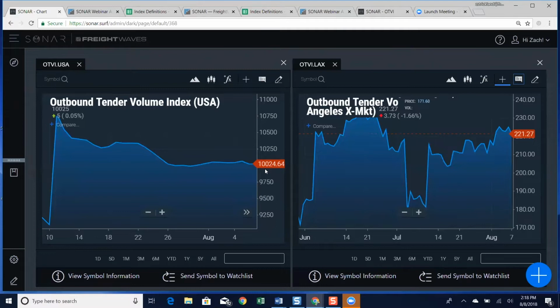Grayson, does it? Yeah, so there was a question that came in. Let me go over it real quick. The user wants to confirm the correlation between OTVI and the outbound tender reject index.